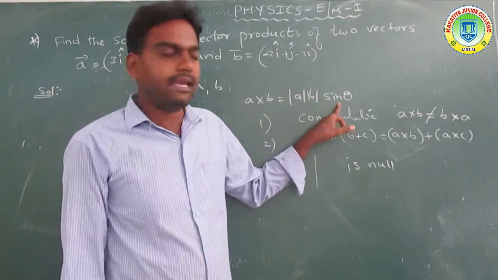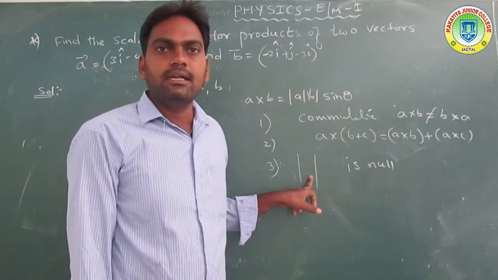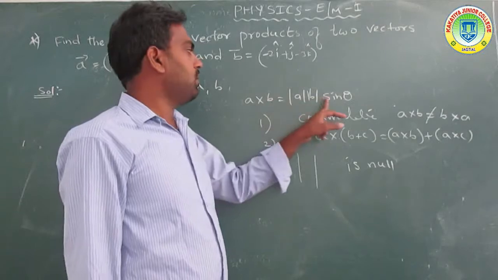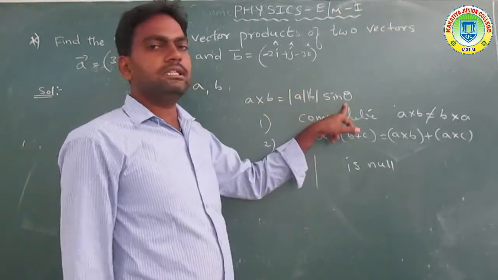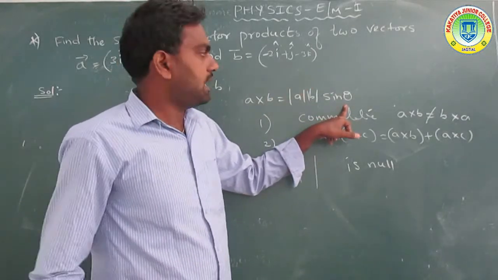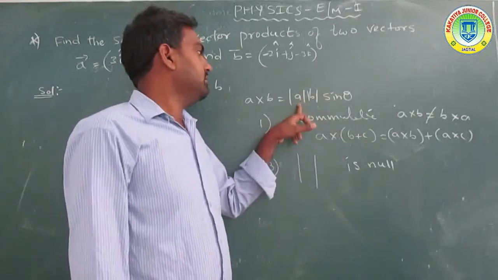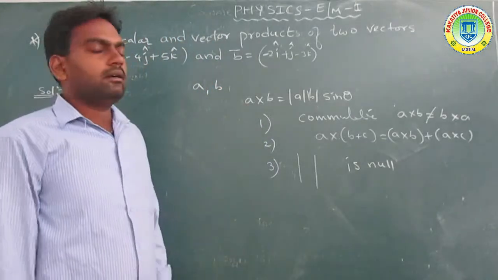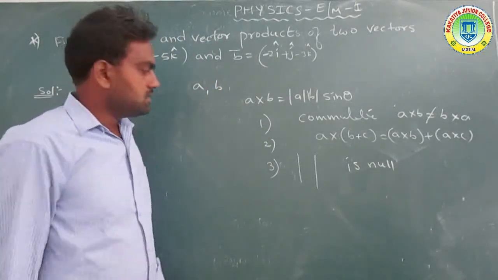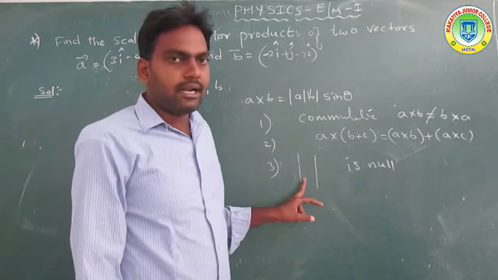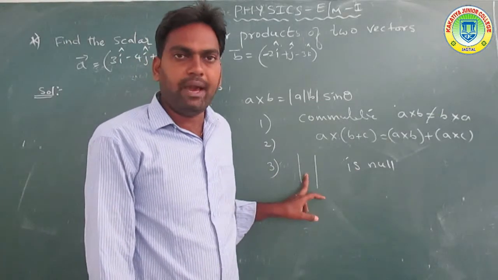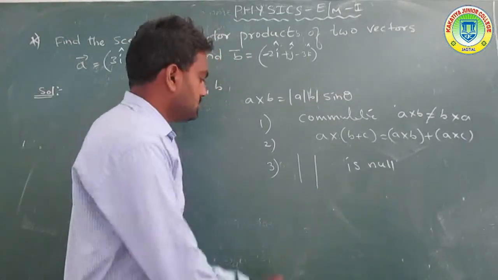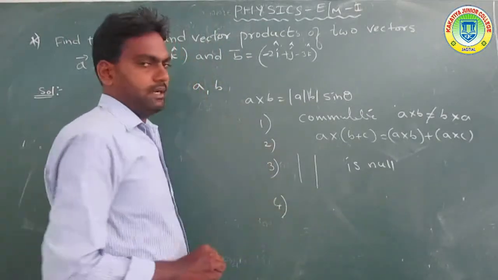For parallel vectors the angle theta is 0, and sin 0 is 0, so the whole term is 0. That means A cross B is equal to 0. The cross product between two parallel vectors is null, or zero.